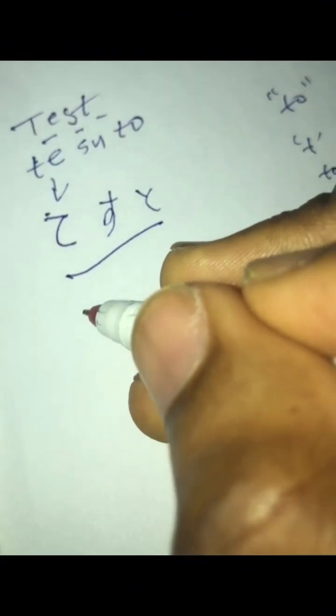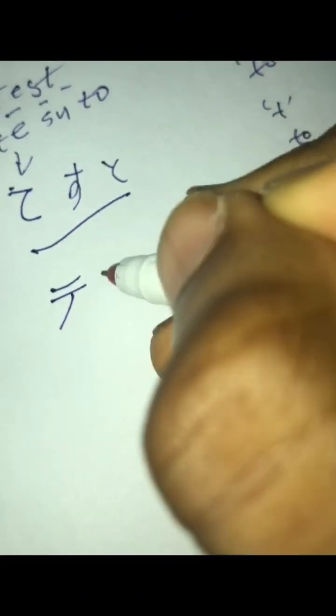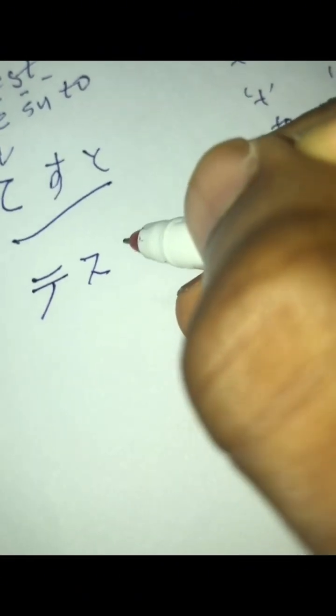It's going to be "te," then "su," what's the "su" character? Then "to." Then if you wanted to spell it in katakana, it will be "te," "su," "to." So that's it.